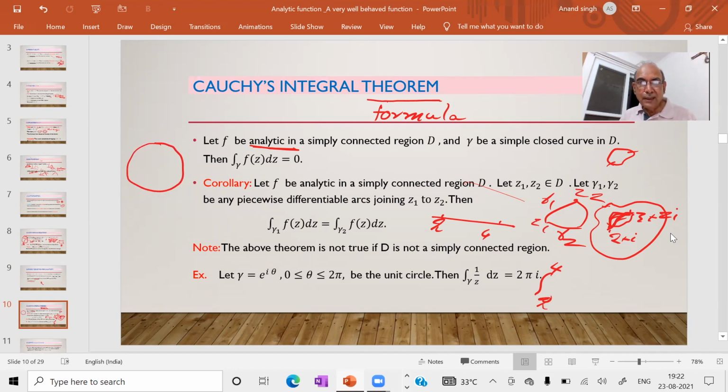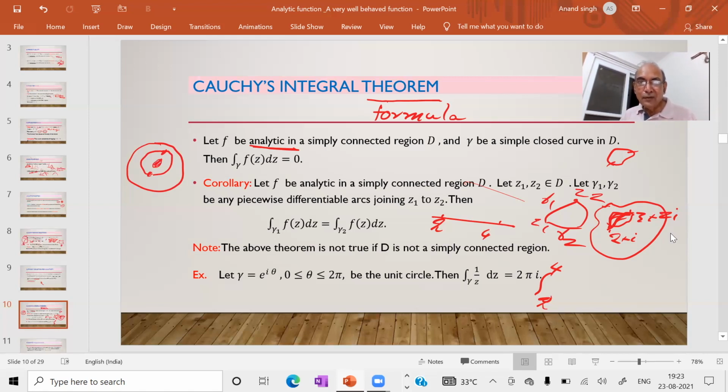If the function is analytic everywhere, then this value is going to be 0. But in case there's a hole inside it, then the integration over this need not be the same as the integration over this. And obviously you can observe that there is something happening here; it's like having some problem coming up here, so it's not behaving as it should.